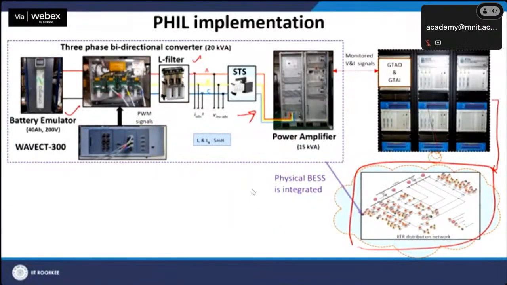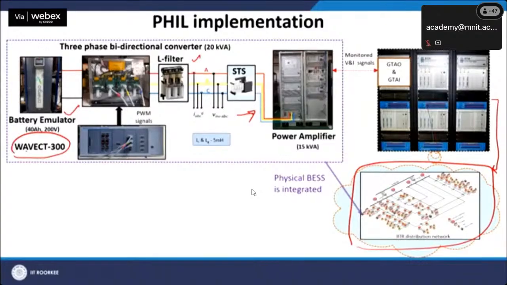This is accomplished by lowering the scale value of the voltage and current signals so that they may be transmitted to the IIT Roorkee network. In addition, we have established a link between the BESS converter and the WAVECT controller for PWM connection.